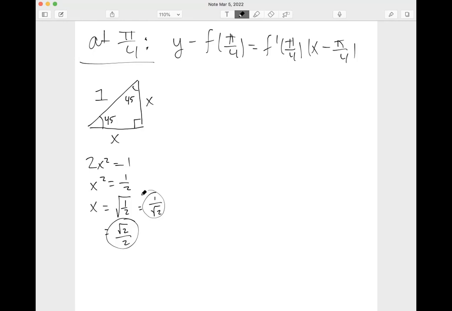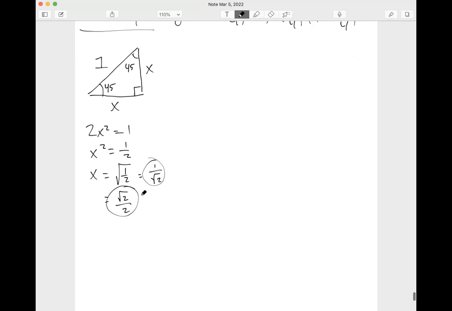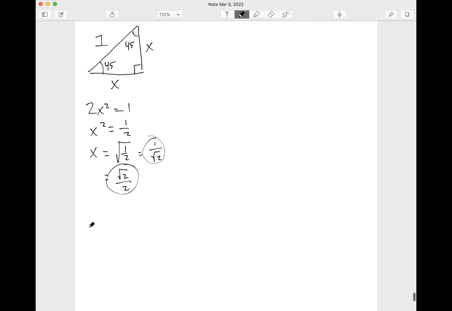One thing to remember, this is more just seeing a pattern. The numbers that appear most frequently are all divided by 2, right? And they're ascending: 1, radical 2, radical 3.